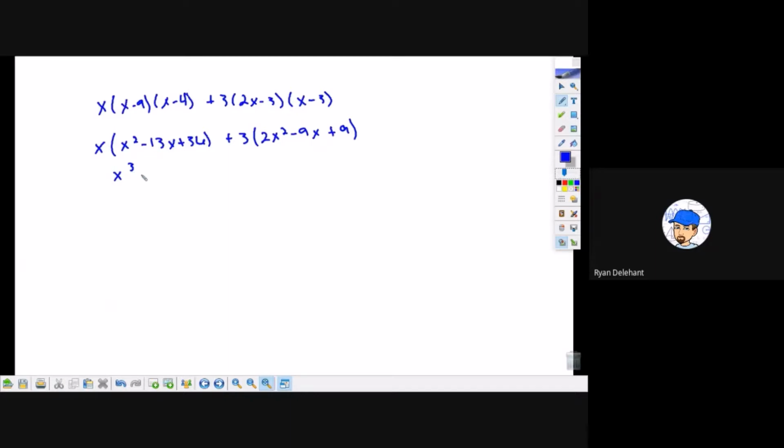We get x to the third, this is 6x squared, 27 and 27. Right, so we're just multiplying out, and now we need to combine like terms. So we've got a minus 13 and a plus 6, so that's going to be minus 7x squared. 36 and 27 is going to leave us 9. Then we get 27.